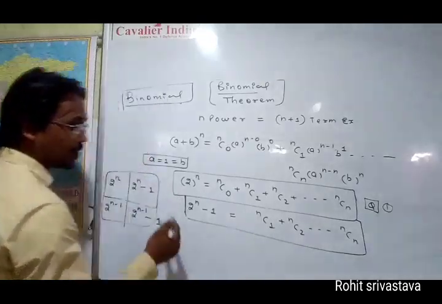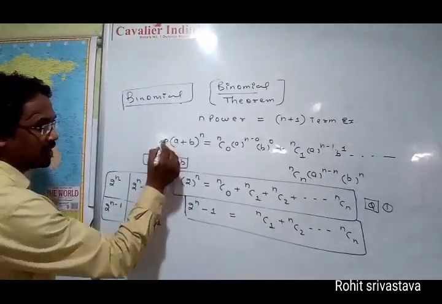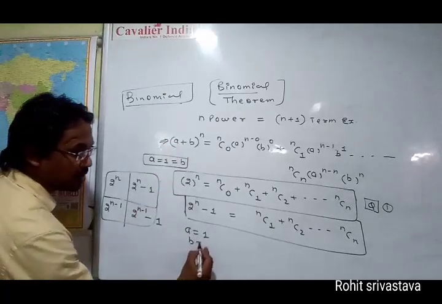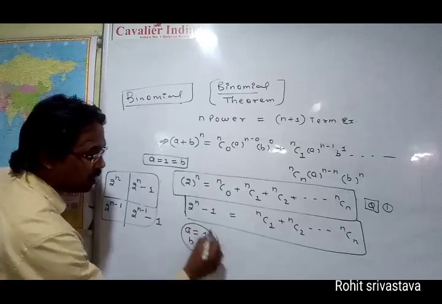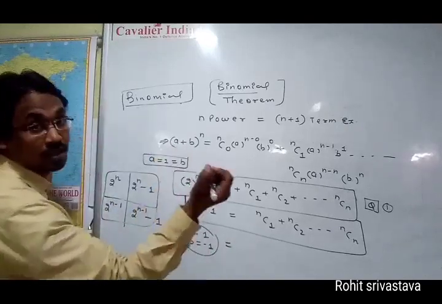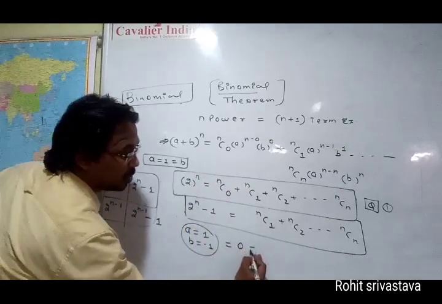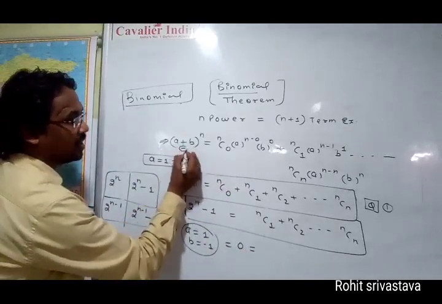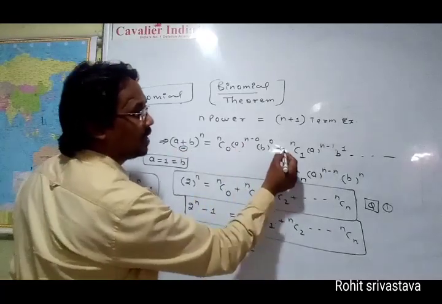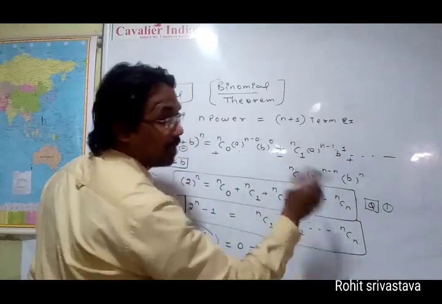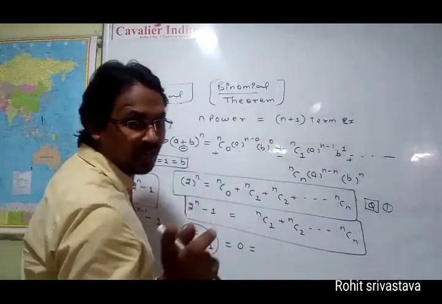Next, let's suppose in this segment I write a is equal to 1 and b is equal to minus 1. If you put it here, it will turn 1 minus 1, which is 0. In binomial expansion, if minus comes, it opens as plus minus plus minus, as you have read in 11th class.